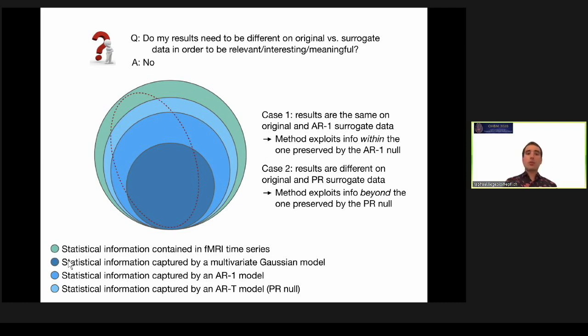This being said, I agree that we could discuss different aspects relating to this, but what I see quite often in papers or also reviews is that people ask to show that the results are different in original and phase randomized surrogates, for example. And I think this is not required for a result to be interesting or meaningful.